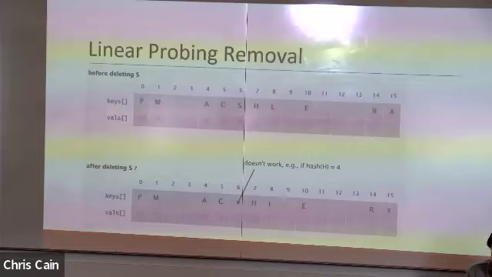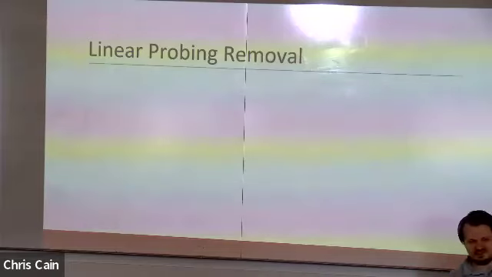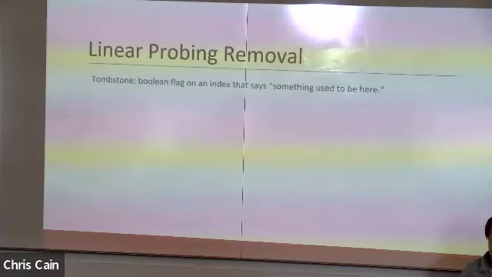So we want to talk about this in more detail because there is something much better that we can do. The first solution that you may come upon is to use the concept of a tombstone. A tombstone says that something used to be here, but it got deleted. And from the scope of contains, we will say, this is something that we are not looking for.